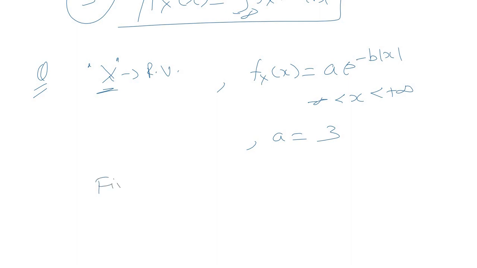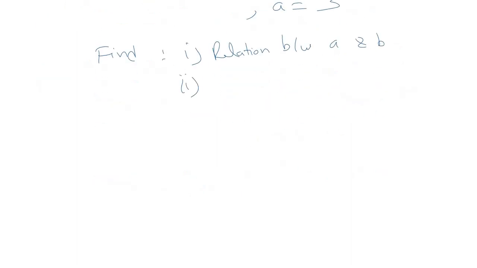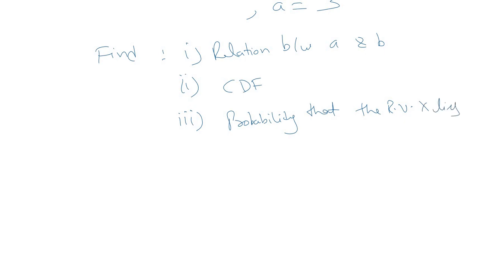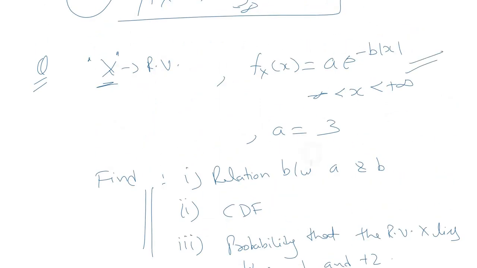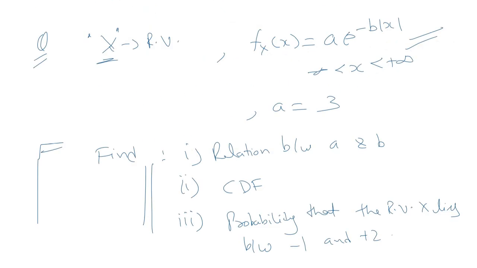The question is to find, first, a relation between a and b. Second, we have to find the CDF of this random variable, and third, the probability that the random variable x lies between -1 and +2. Okay, so these are the three things that we have to find, and we are given only the PDF of the random variable. Okay, so let us begin.